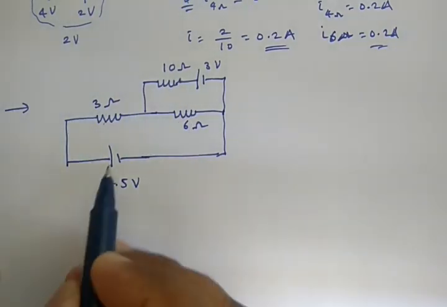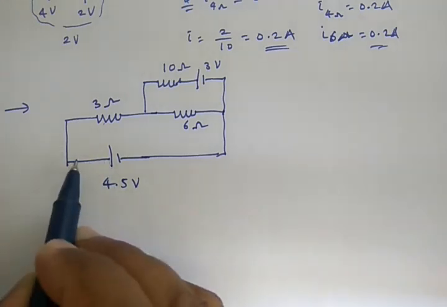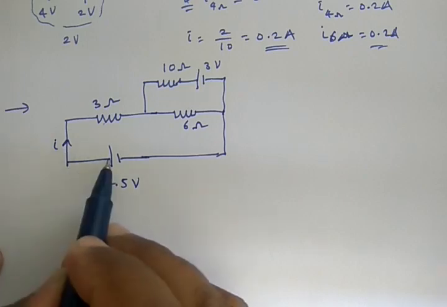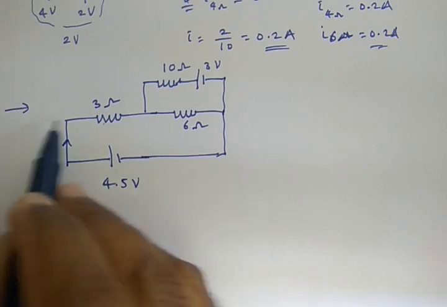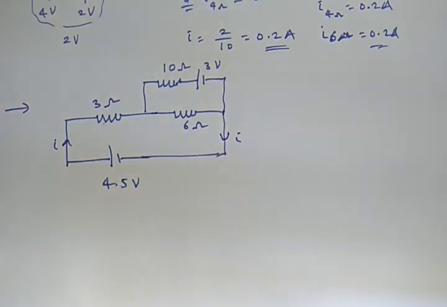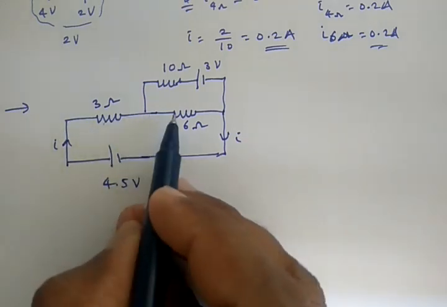So now let us take this 4.5 volt battery as supplying current I to the circuit. When I is going out from the positive terminal, the same current must reach the negative terminal. So I is going here, and when it meets a junction, there are two lines.